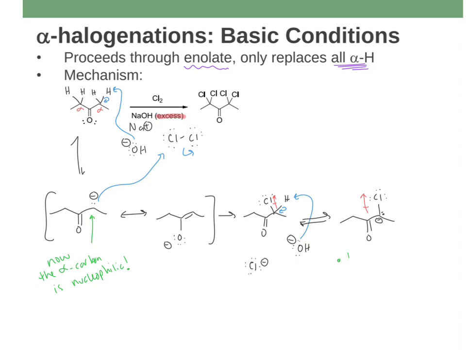So the halogen is electron withdrawing, which means it is going to stabilize the anion.